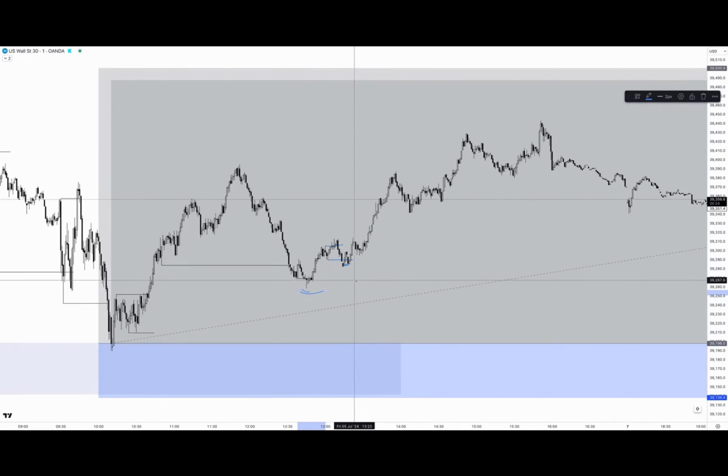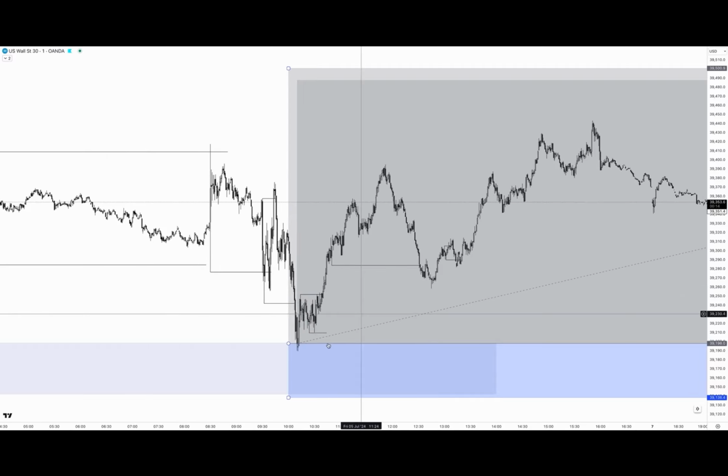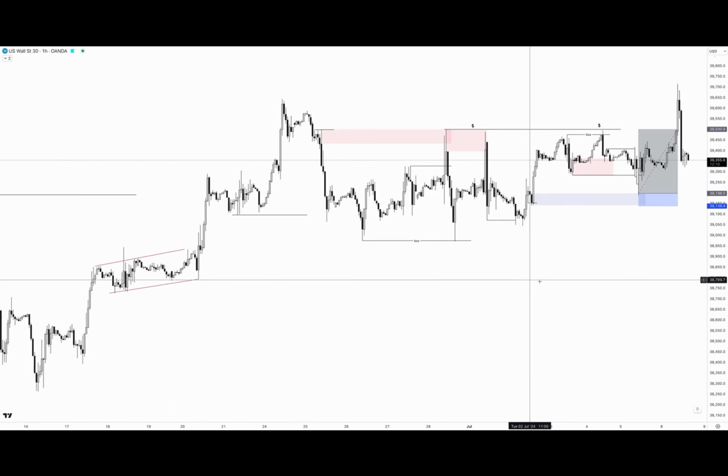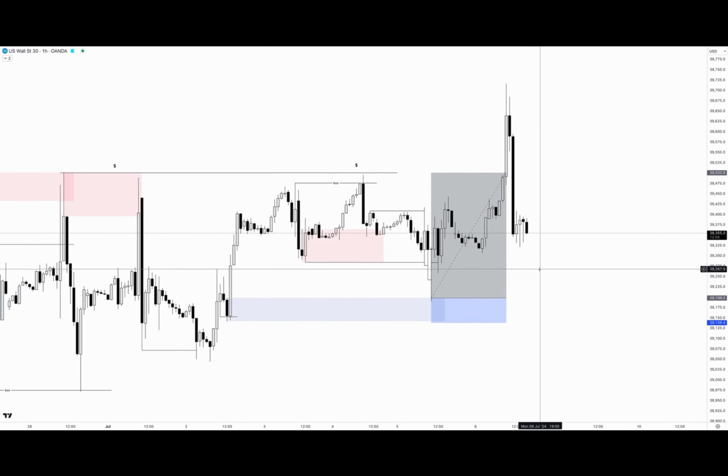Okay, unfortunately the timing wasn't great. It's Friday at 1 p.m. No one's trying to take trades at that time. So yeah, I only had one position straight from the 1 hour liquidity block, and then I just rode it straight to the highs. All right, so that was a quick, easy move on US 30.